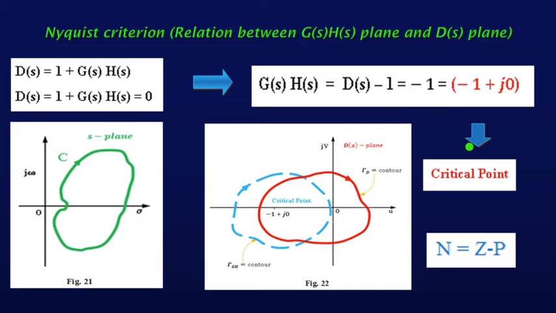Number of encirclements of the critical point is equal to Z minus P. The number of counterclockwise encirclements about the minus 1 plus J0 point is equal to the number of poles of GSHS in the right hand side of the S-plane with positive real part.